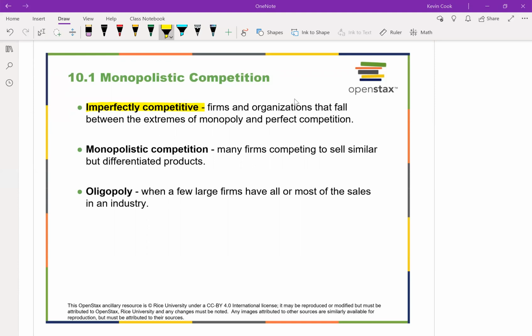And with these, we have two types. First, monopolistic competition, which is when we have a lot of firms, but they have similar but differentiated products. And basically, differentiated means that we can tell them apart.